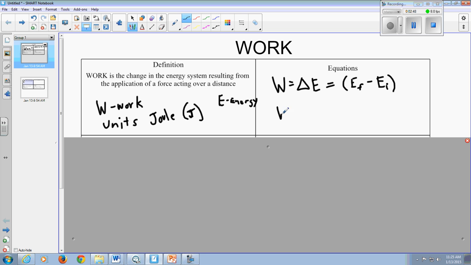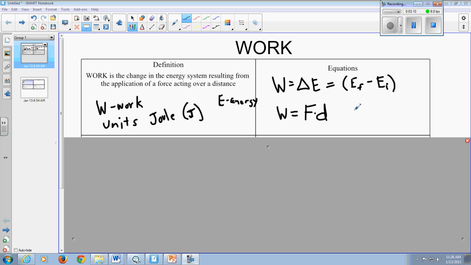But there's this other equation that work is equal to, taking off of the second half of the definition, that it's an application of force acting over a distance. So work is also equal to force times distance, F times D. D for distance.